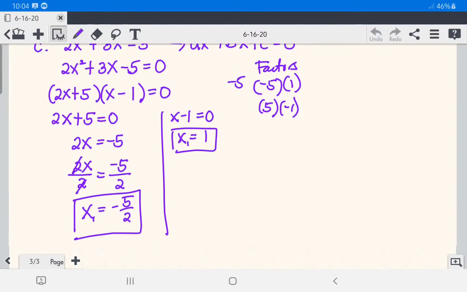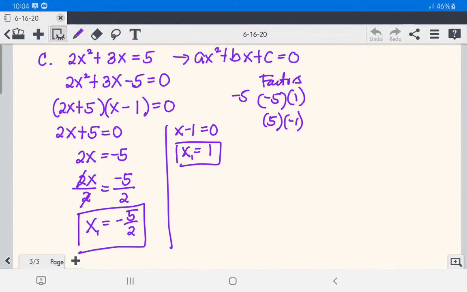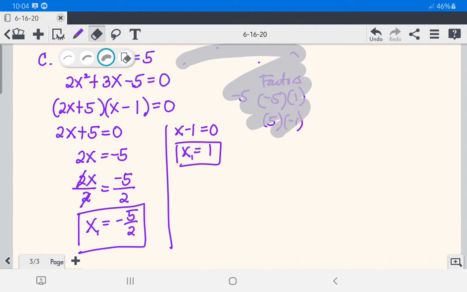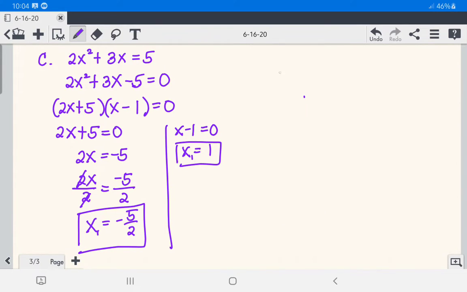Okay, next. After that, we're going to check if x is equal to negative 5 over 2.